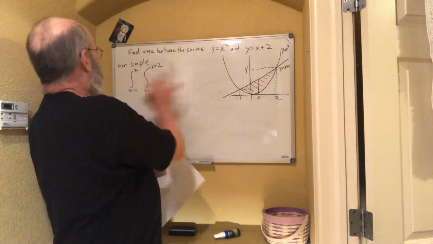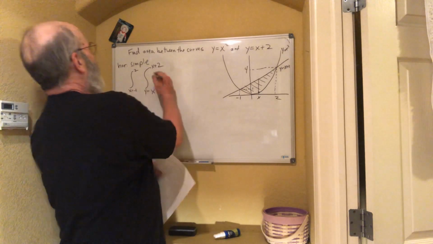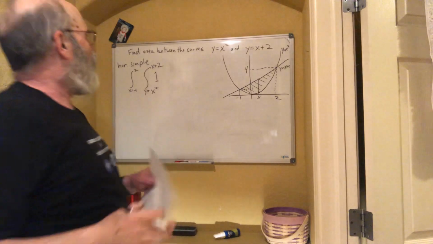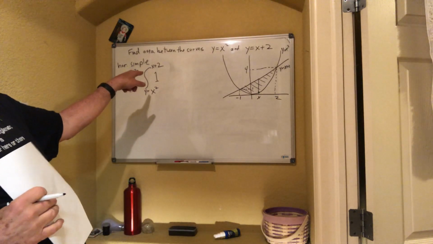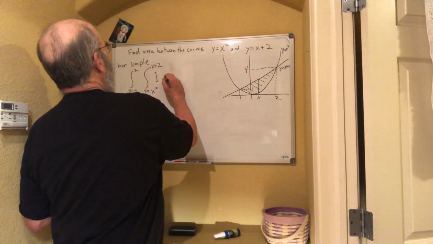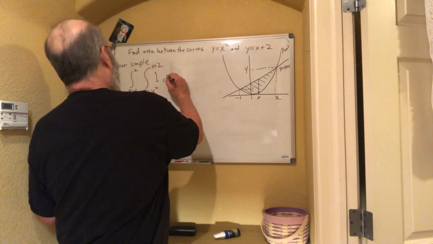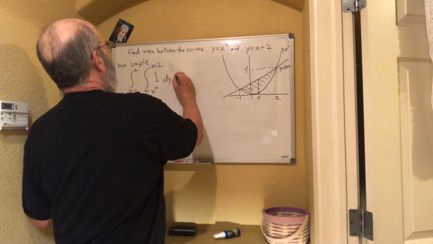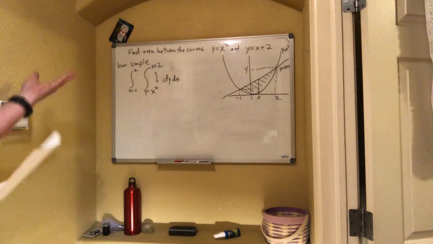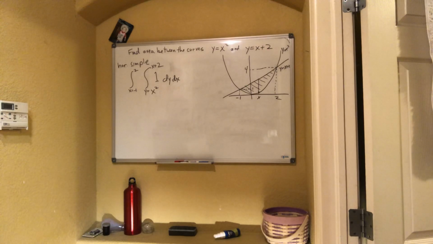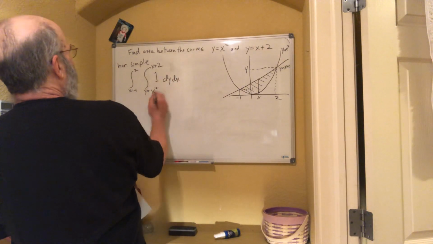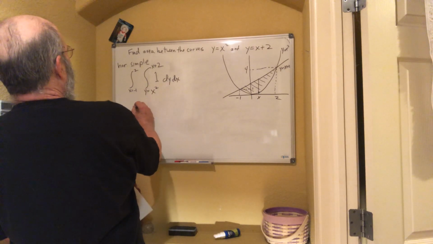And again, doing it in this order, where x is the second integral, from minus 1 to 2, and I'm finding the area, the function I'm integrating is just the number 1. So first I do the y integral, then I do the x integral. The first integral is easy because you're just integrating 1.